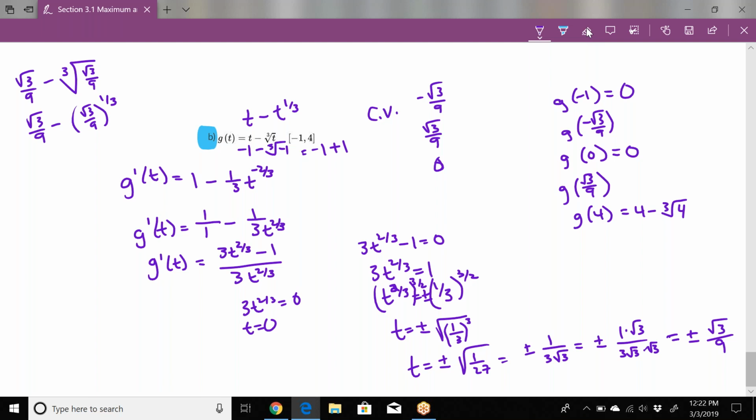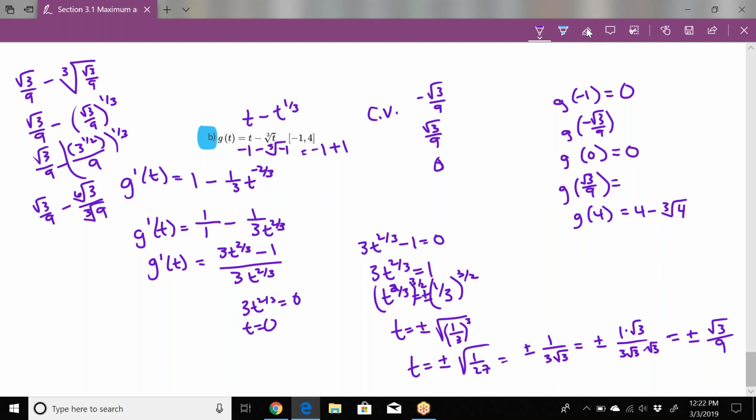And honestly, if it was me, we probably wouldn't give you one like this on the test. So I'd probably use my calculator. That's going to be 3 to the 1/2 over 9, and they're all being raised to the 1/3. So you get square root of 3 over 9 minus 6th root of 3 over cubed root of 9. Yeah, this is pretty messy. So I would just type this one in on your calculator.